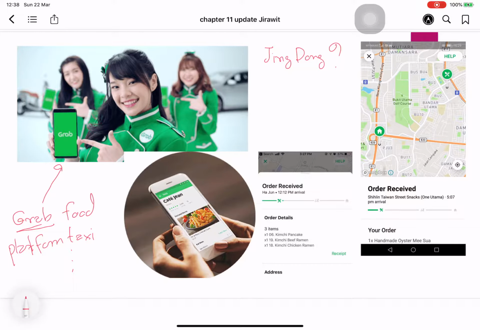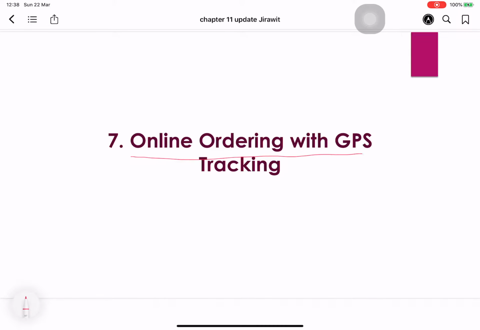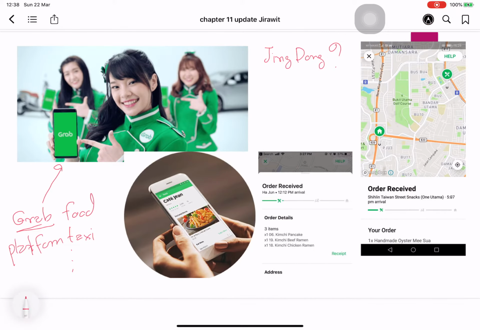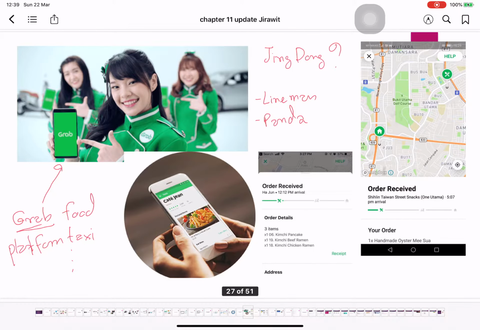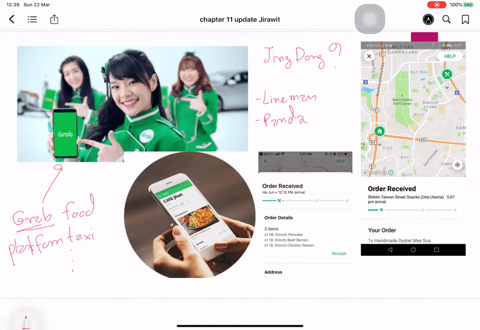It's about online ordering with GPS. And we have Line Man, we have Panda, right? And this you can pay by cash or debit, right? Or credit.